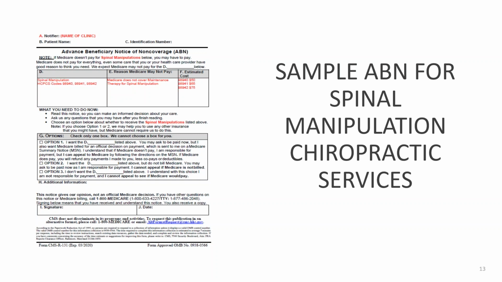Most of the time your ABN form is going to relate to maintenance therapy, which Medicare does not cover for spinal manipulation, and you would give the cost of those CMT codes.